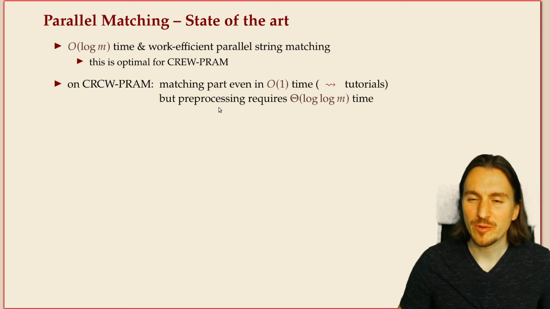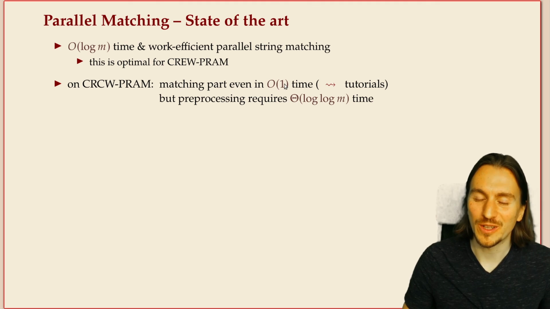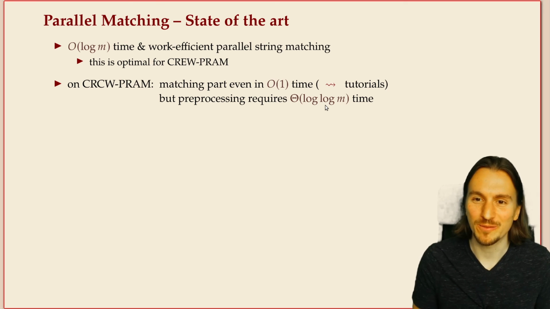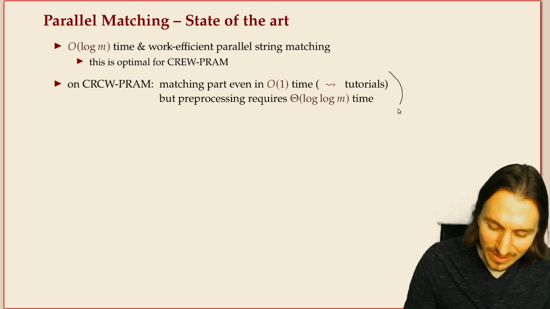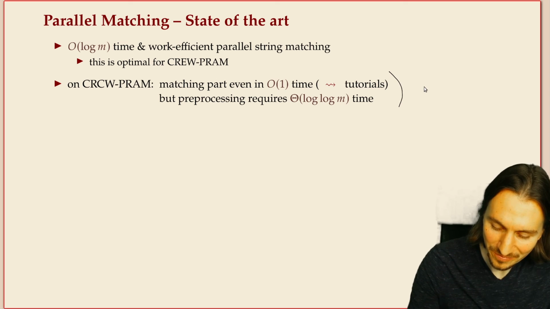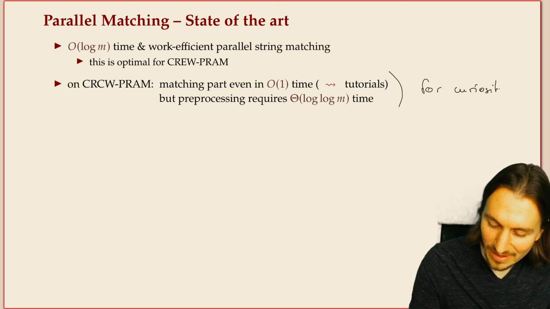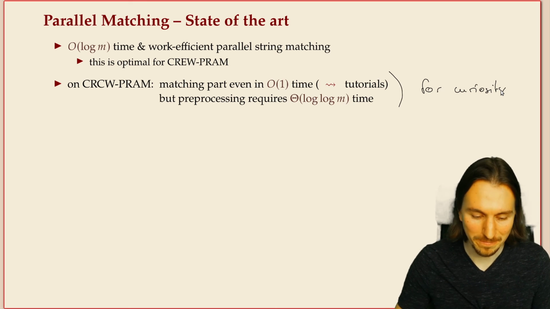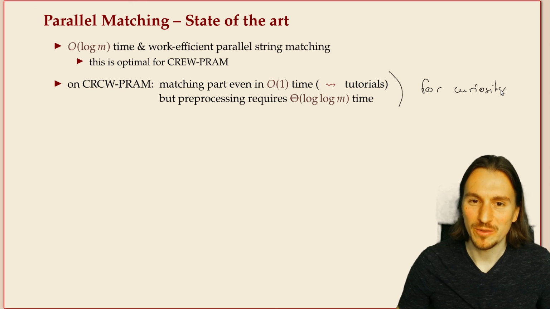But the pre-processing doesn't work in constant time. I think it's also known that this is the best possible, so you need this log m time. But this is just for your curiosity. I will not expect you to know this, and I will not be able to talk about these results.